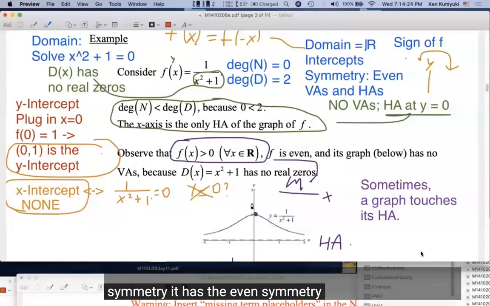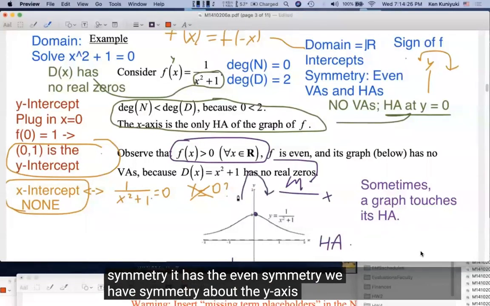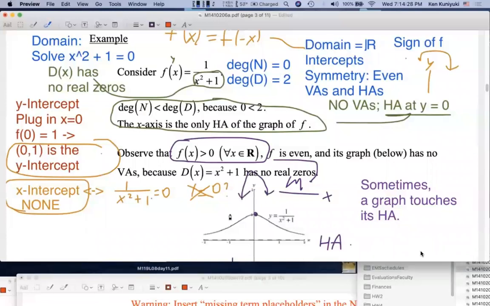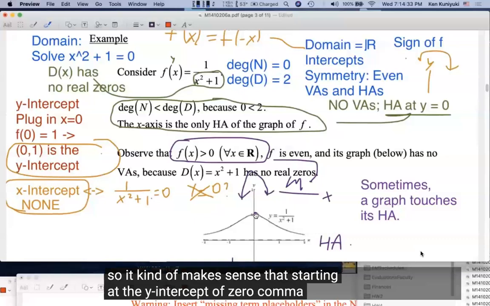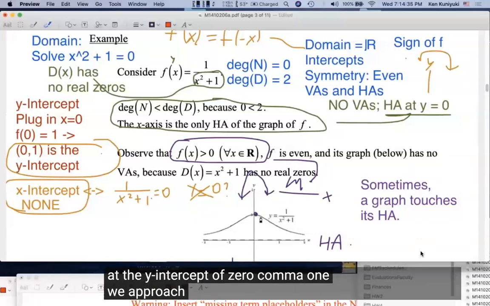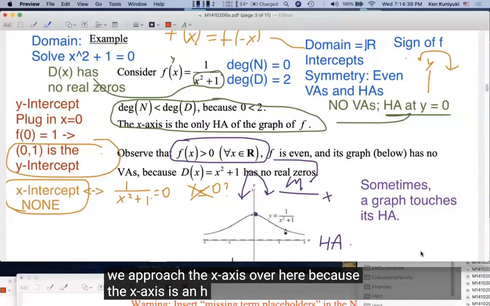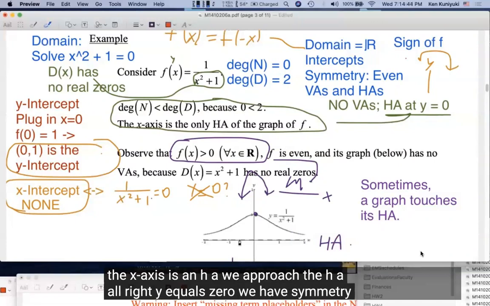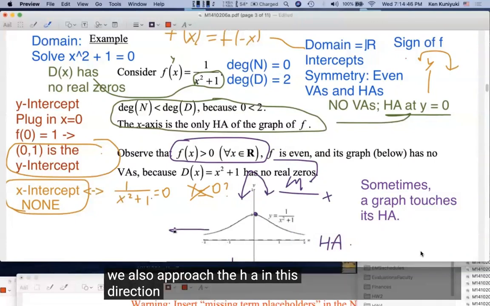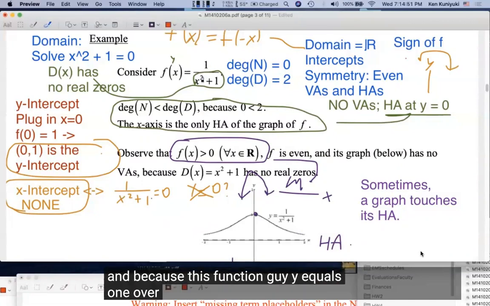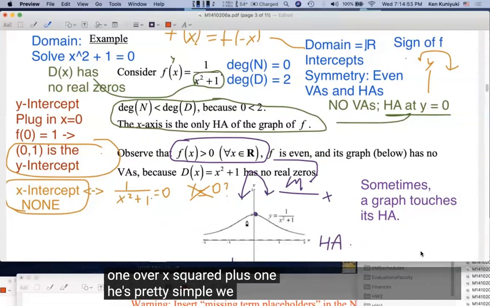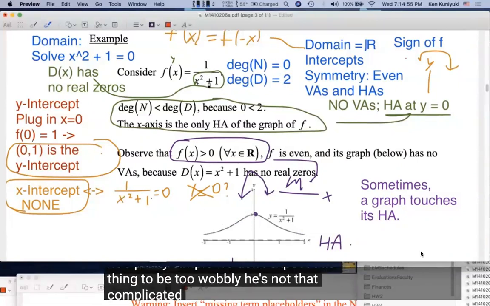Symmetry: it has even symmetry, about the y-axis. So it makes sense that starting at the y-intercept (0, 1), we approach the x-axis over here, because the x-axis is an HA. We approach the HA, y equals 0. By symmetry, we also approach the HA in this direction. And because this function, y equals 1 over x squared plus 1, is pretty simple, we don't expect it to be too wobbly. It's not that complicated.